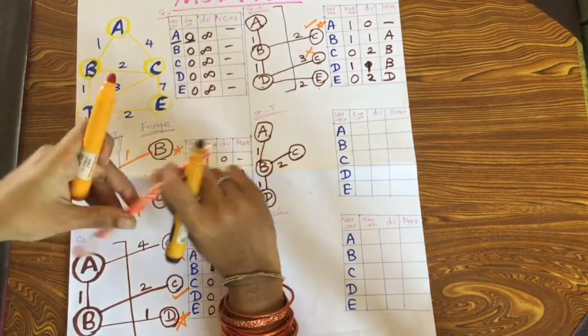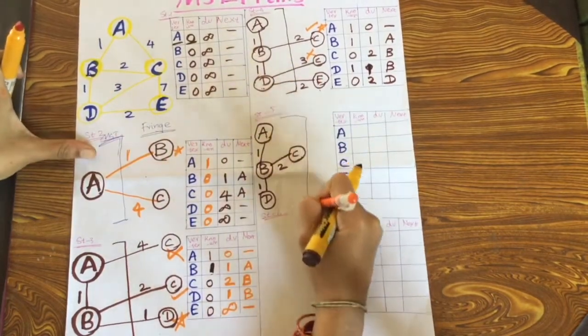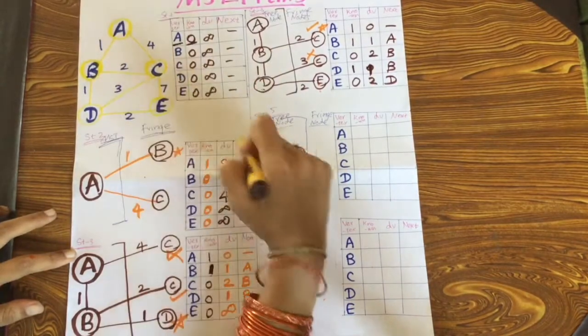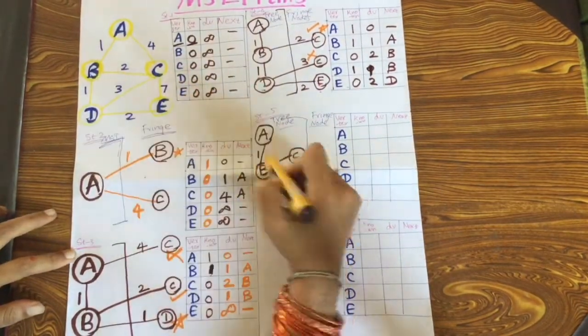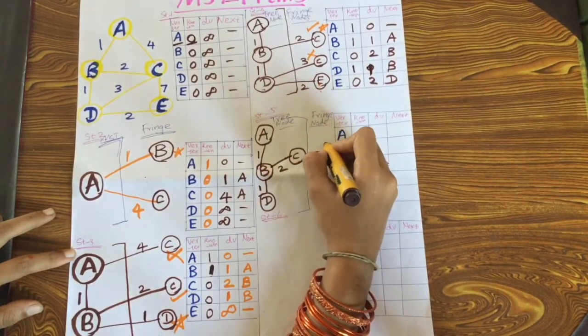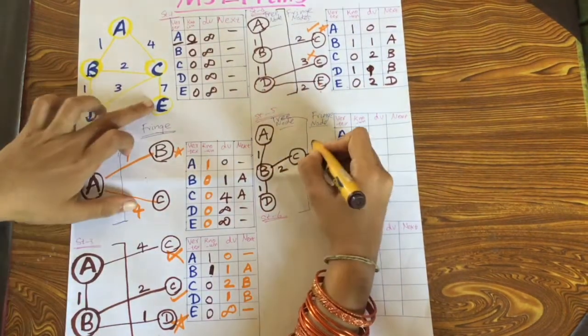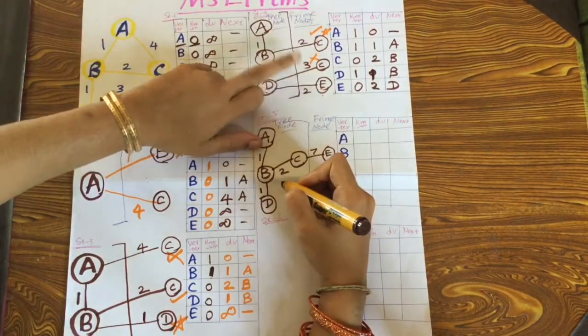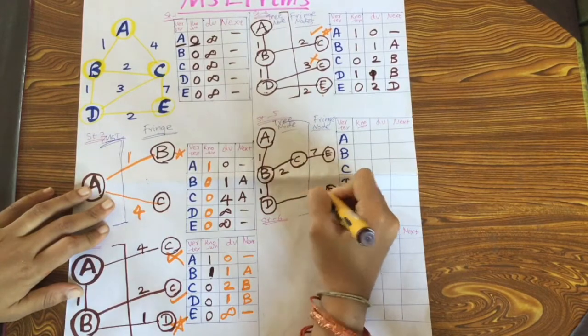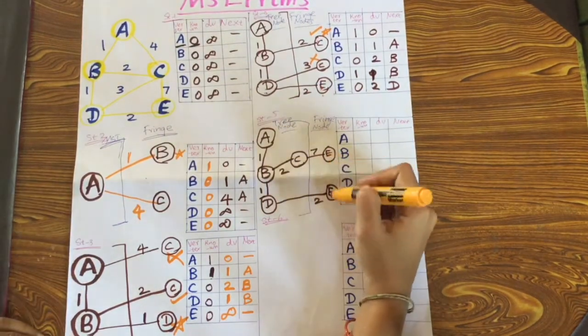For C I am seeing the fringes. A is already in the tree node, B is also in the tree node side, D is also in the tree node, and only E is left out. So E via C has the weightage of 7. From the previous step you have to copy the fringes. For D you are having E, only that is left out, that also you have to copy first.